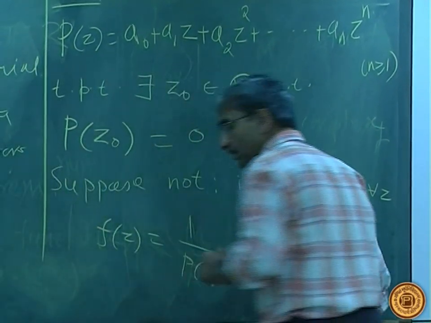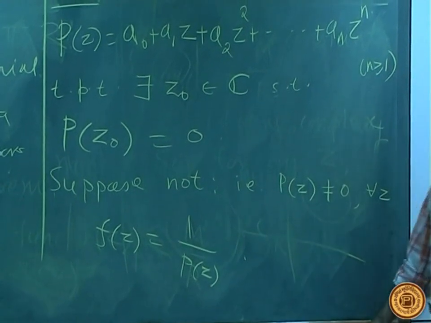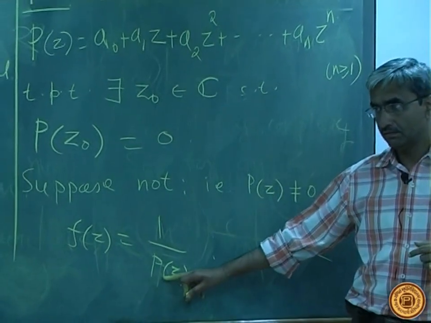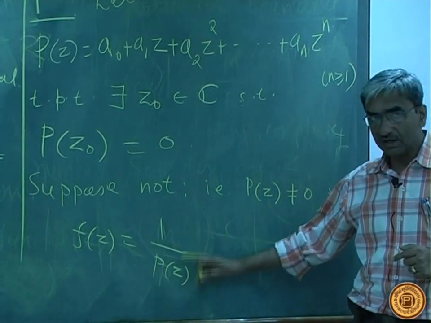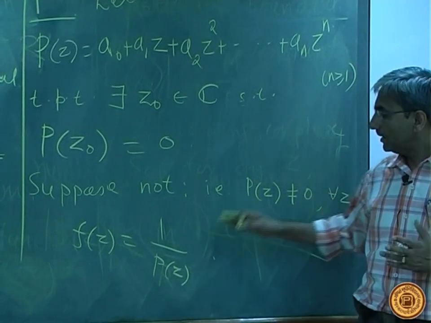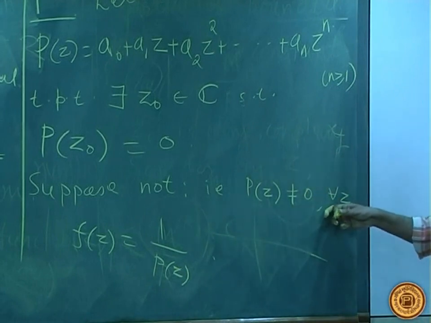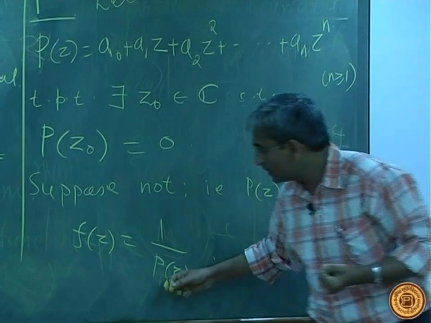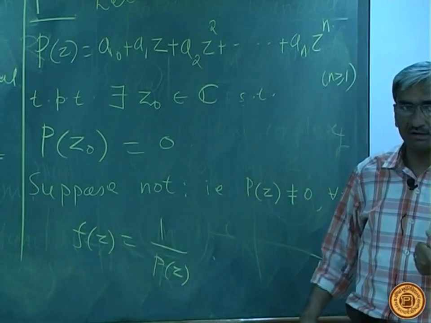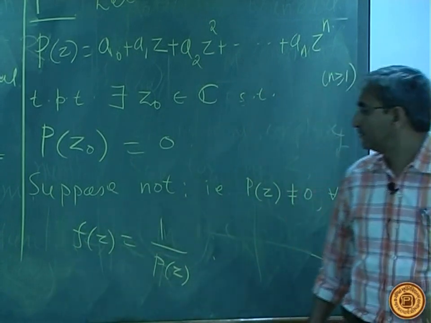What can you say about f(z) now? Since P is a polynomial, this is a rational function, and the denominator is never 0 by our assumption. Denominator is never 0 means this function is analytic everywhere. So it is an entire function. Okay.